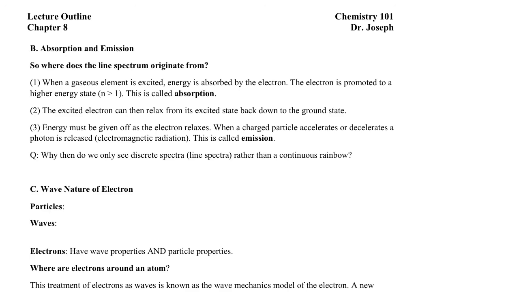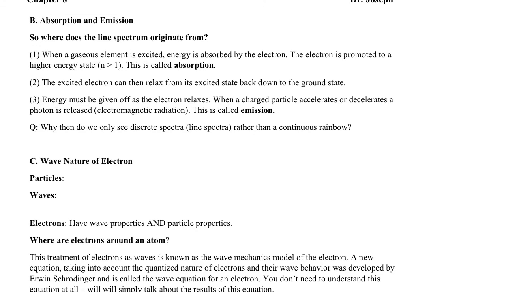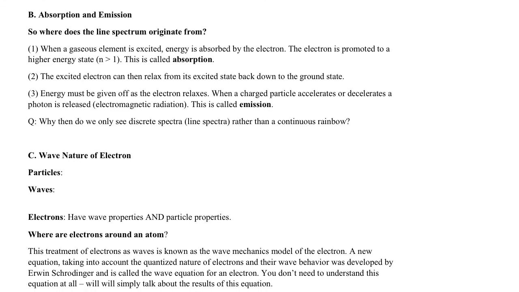Now, what are we going to do next? Well, in the next video lesson, we're going to start off here in Part C. And in Part C, we're going to be talking about the wave nature of the electron. And specifically, we're going to be building up a conceptual understanding of how electrons are arranged around various atoms.